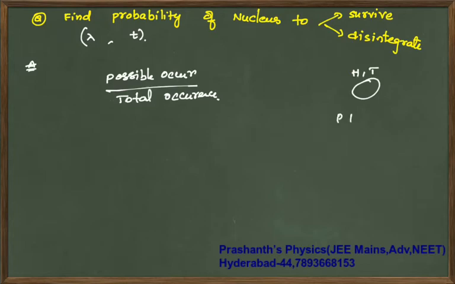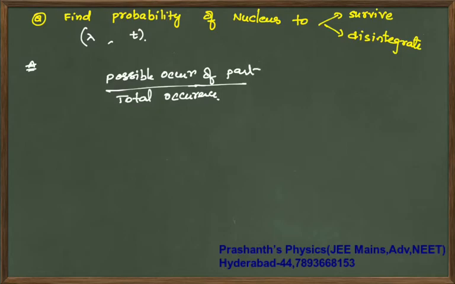So the probability of head, P of H, the possible outcome for head is one, and total possible outcomes is two, either head or tail. In that, head is possible in only one case, so probability is 1 by 2.